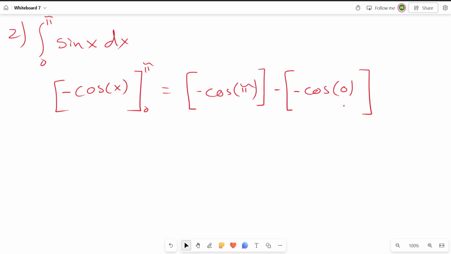So cosine pi is minus 1, so minus times minus 1 is positive 1, and this is going to be minus minus, so it's plus cosine 0. So what is cosine 0? Cosine 0 is basically 1, and 1 plus 1 is 2, and this is my answer over here.